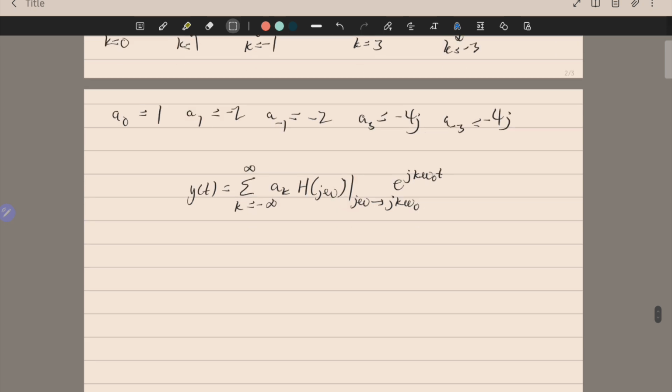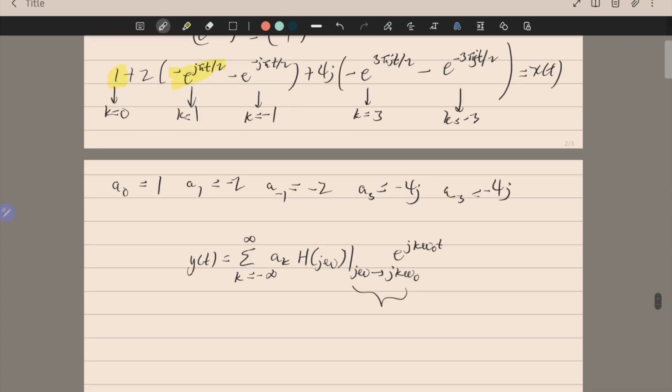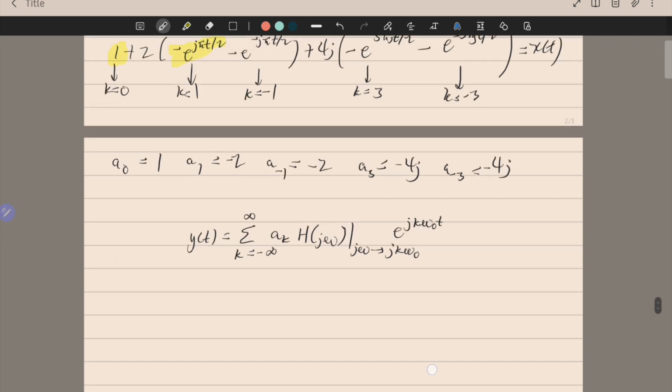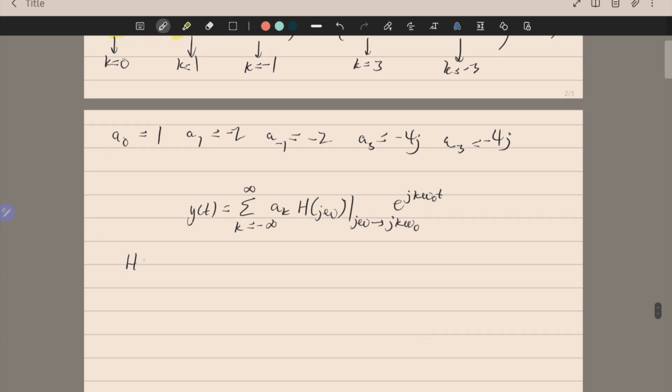Again, we have to look at the jkω to see if big H is equal to 1 or 0 or not. For k of 0, we already did this in the previous question, so let's just calculate it beforehand. So H of jkω, kπ over 2, because ω0 is π over 2. We already calculated that.